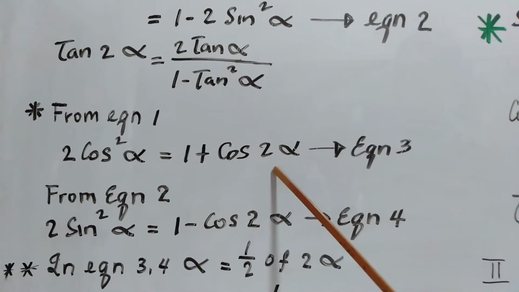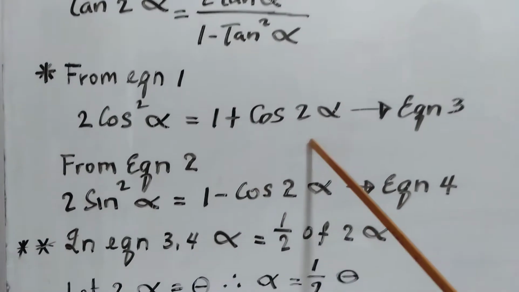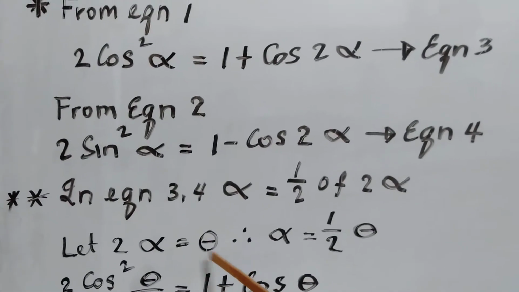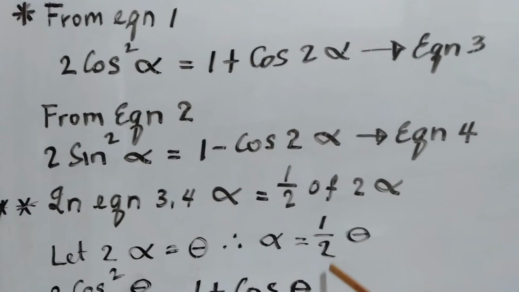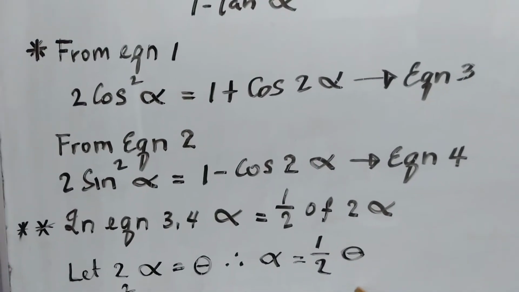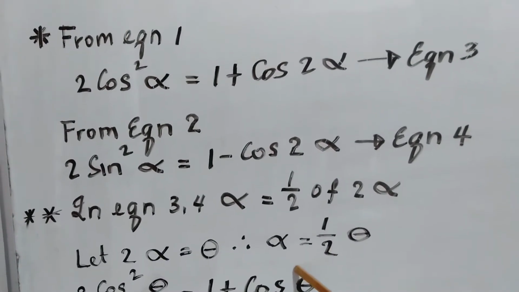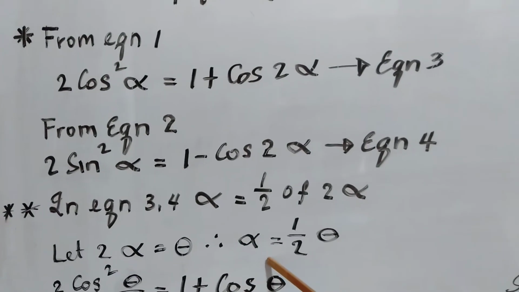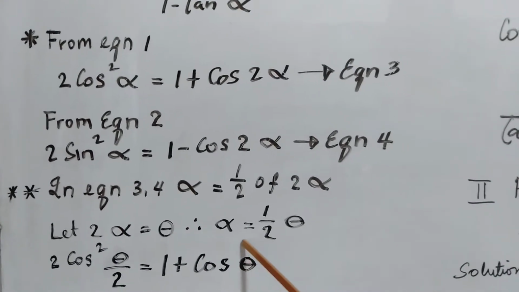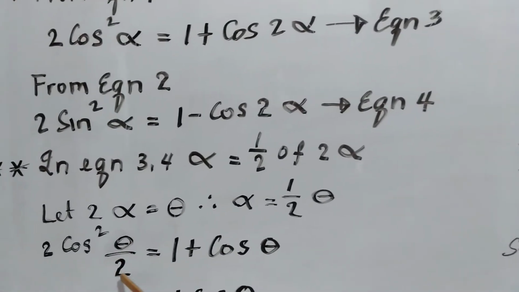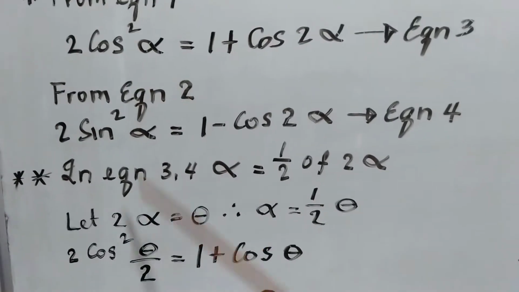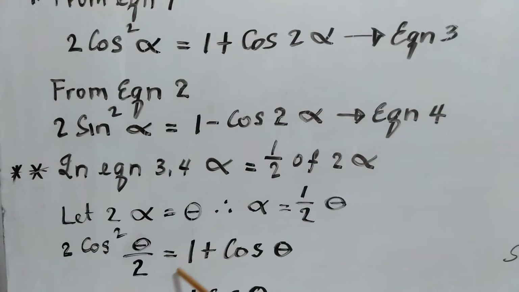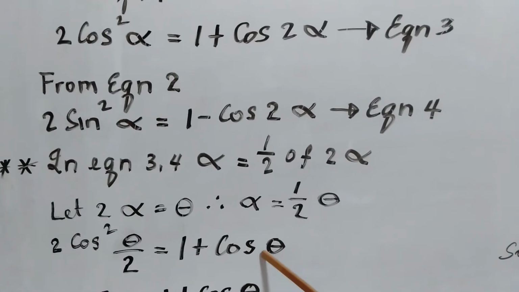To make this distinct, we let 2 alpha become theta. So alpha will now be equal to 1 half theta. If we substitute these values into equations 3 and 4, we now have 2 cosine squared theta over 2 for the value of alpha. So 2 cosine squared theta over 2 is equal to 1 plus cosine theta.